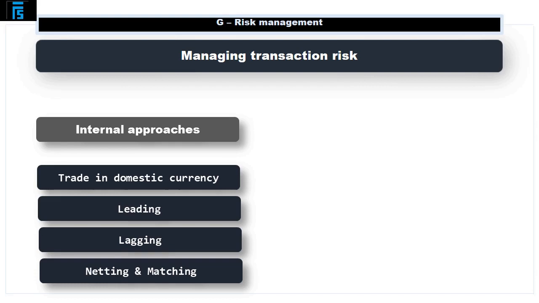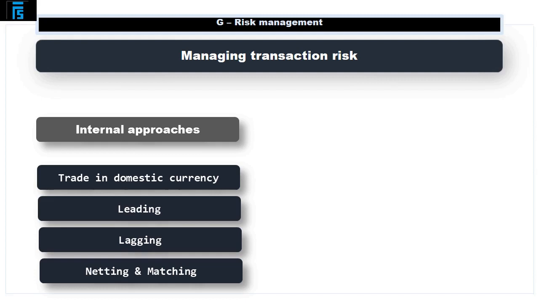Leading. This refers to encouraging your customer to pay more quickly so that funds can be received and exchanged before rates change too much. Lagging. This involves delaying the exchange of monies received in the hope that the exchange rate will move in your favour.